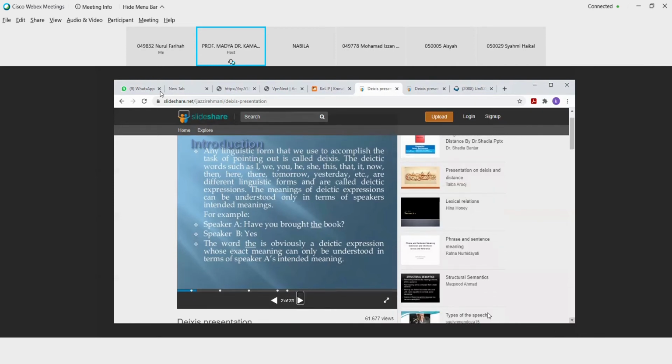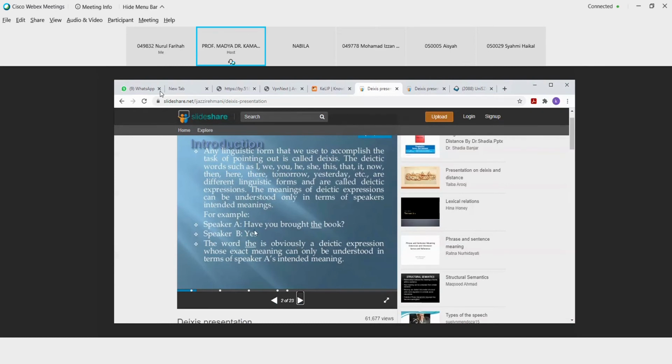So the example here: have you brought the book? The answer is yes. But the pragmatic meaning can only be understood in terms of speaker A's intended meaning.